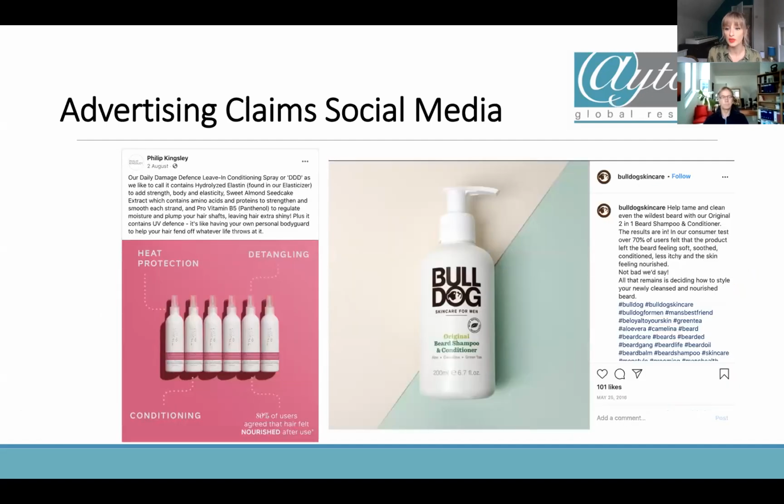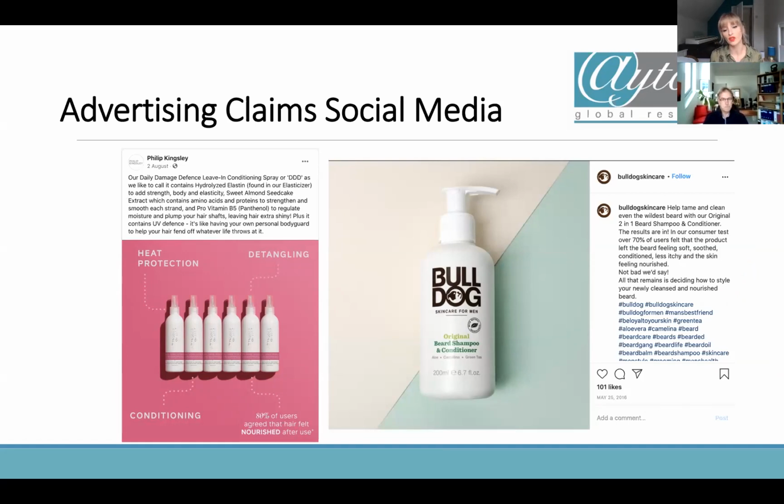Same as social media. I've picked a couple of brands here that have used their consumer research data and put it on their social media as well. One's Philip Kingsley, and you can see they've got a big description of the product, but they've also put in the picture that 80% of users agreed that their hair felt nourished after use.